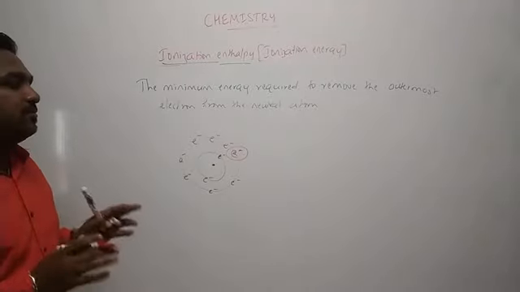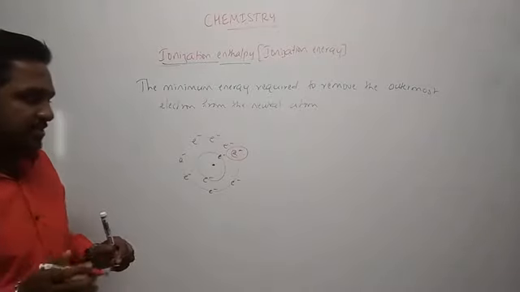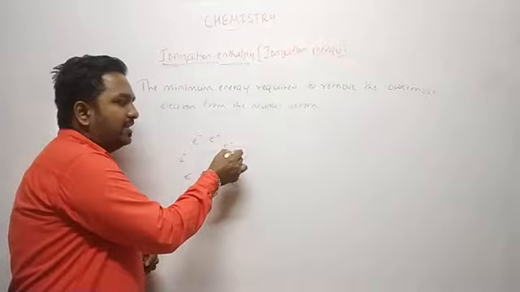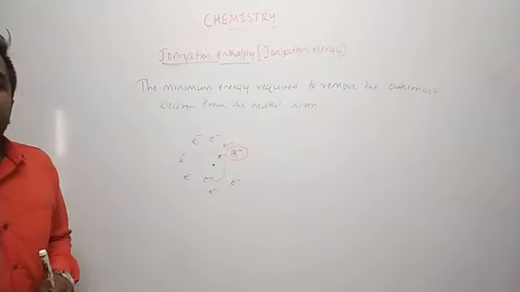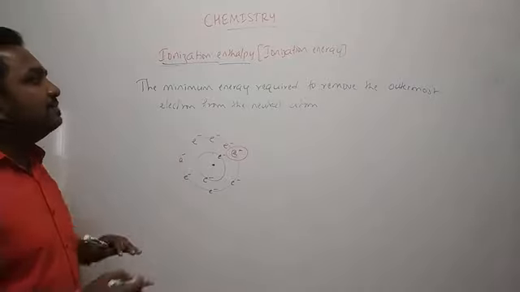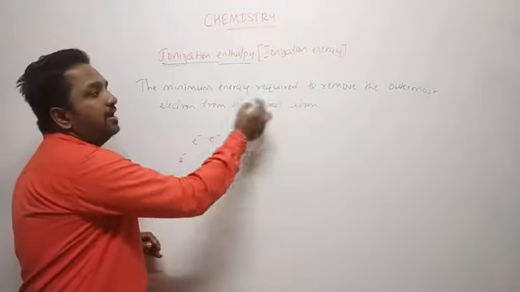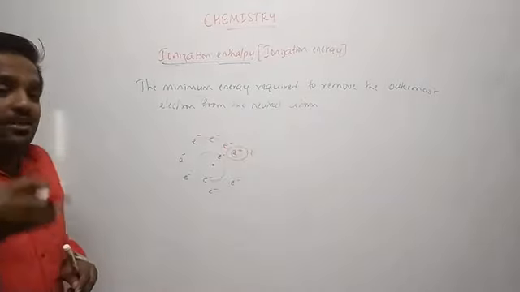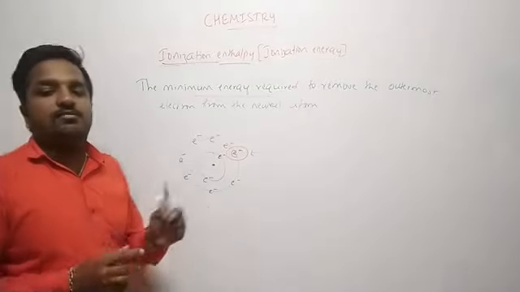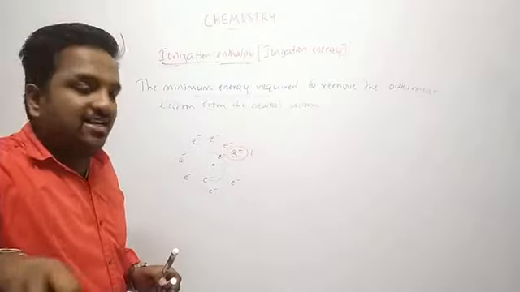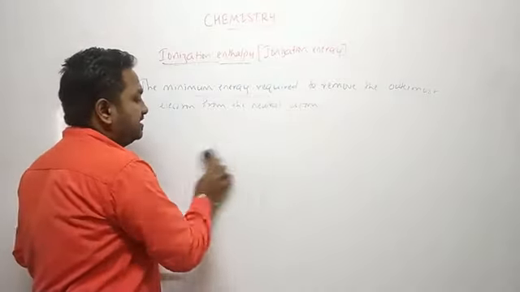This process is known as ionization. This is how an atom loses an electron and gets a positive charge. That minimum energy required to remove the outermost electron from the neutral atom is called ionization enthalpy or ionization energy.